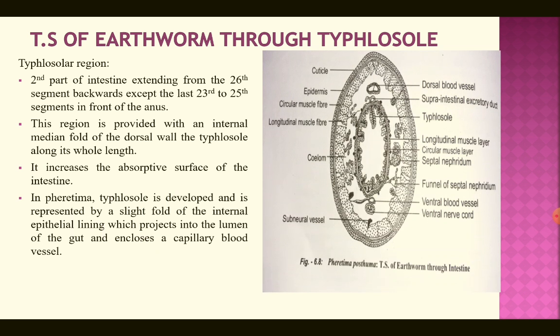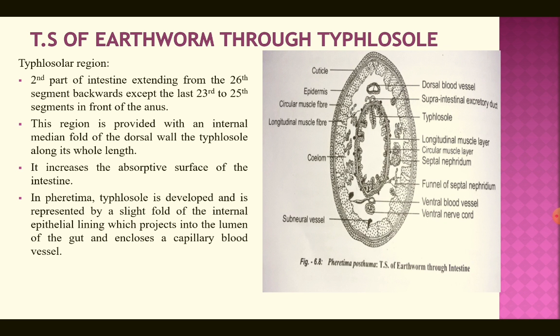You will see the presence of the dorsal blood vessel, and then you will have this intestine, right? So in this intestinal region, in the anterior tip, if you see, there is one overhanging structure which is dropping down, which is called a typhlosole.